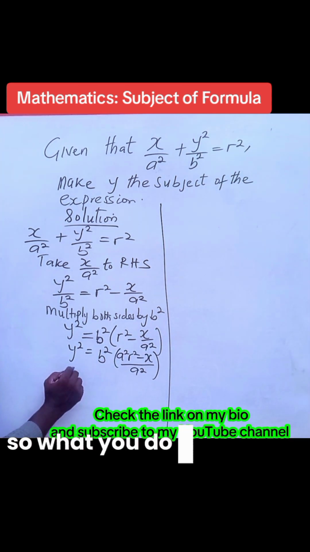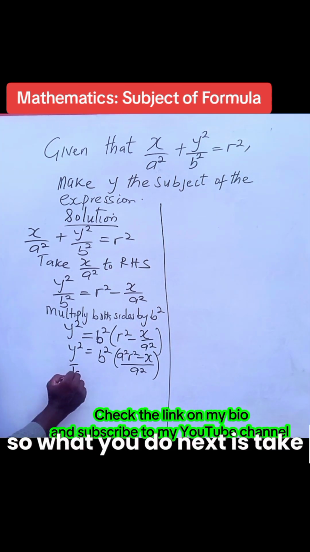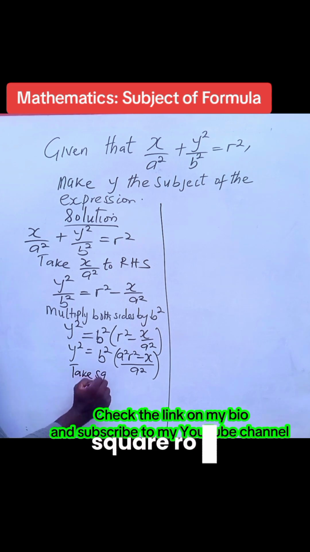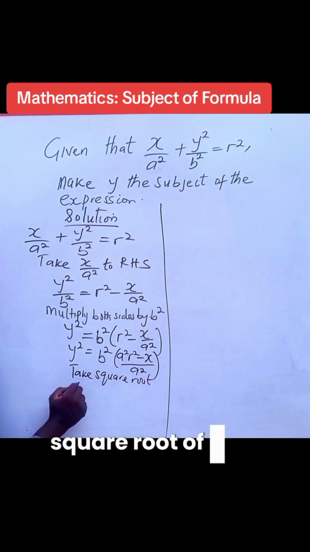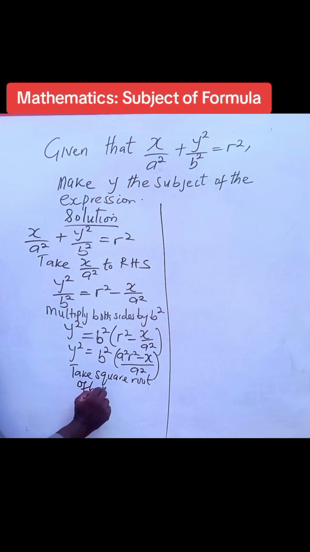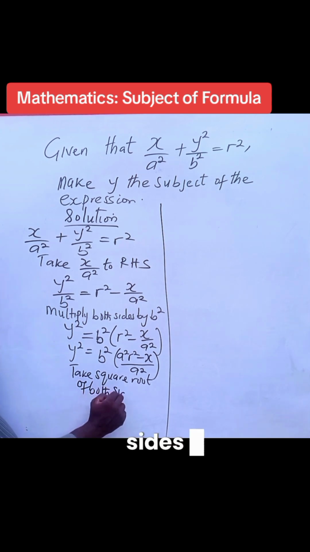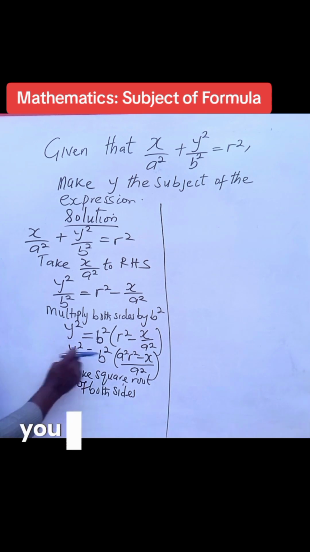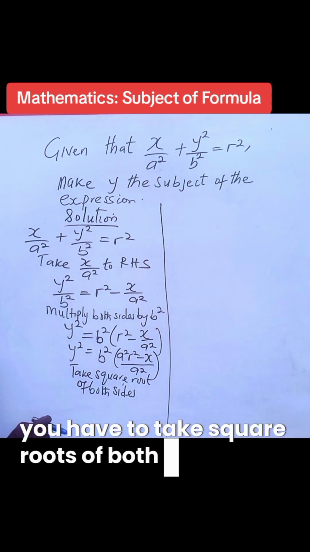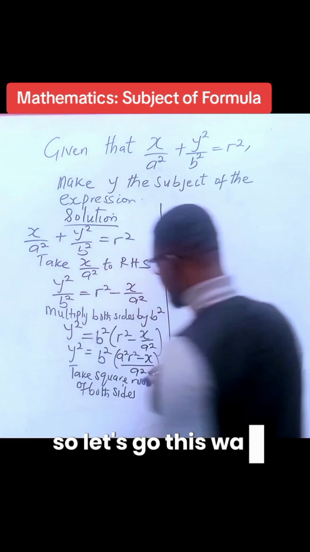So what you do next is take the square root of both sides. The reason is what? To remove this square here, you have to take the square root of both sides. So let's go this way.